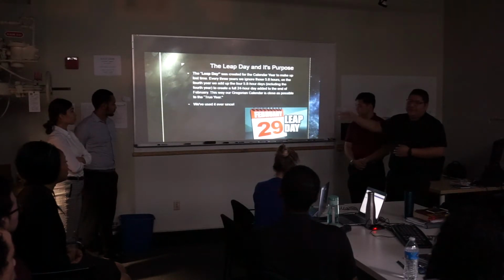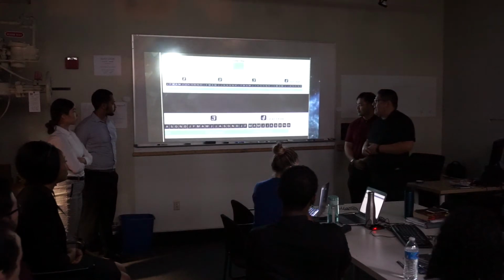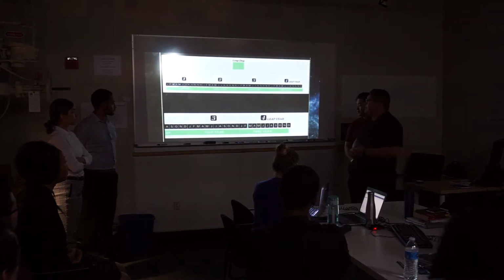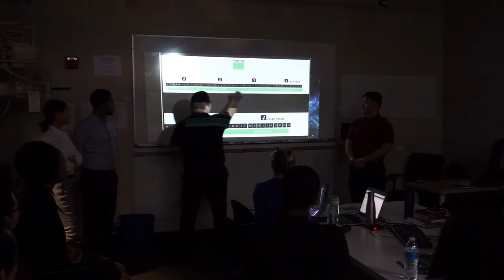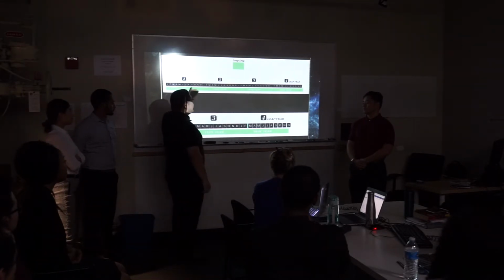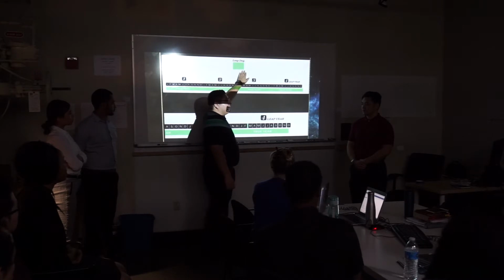We've been using it ever since for a little over 400 years. I have a couple of illustrations to explain this. So we have our 4 years right here. Each year has 5.8 extra hours. We ignore those 5.8 hours and we just save them.